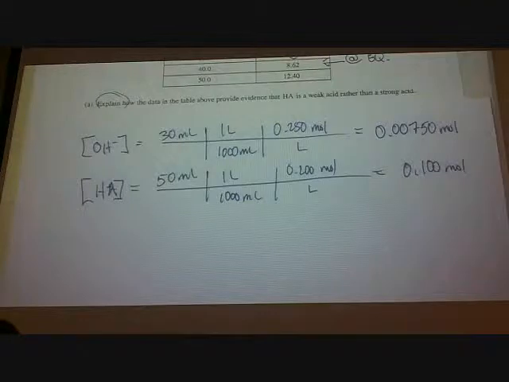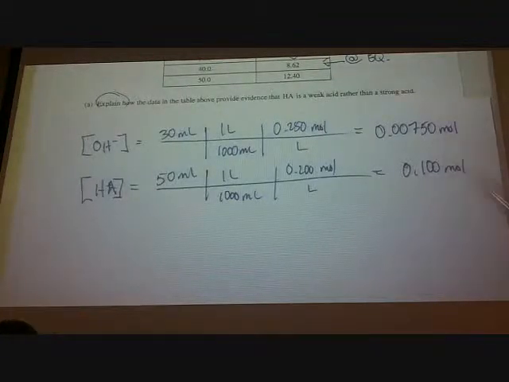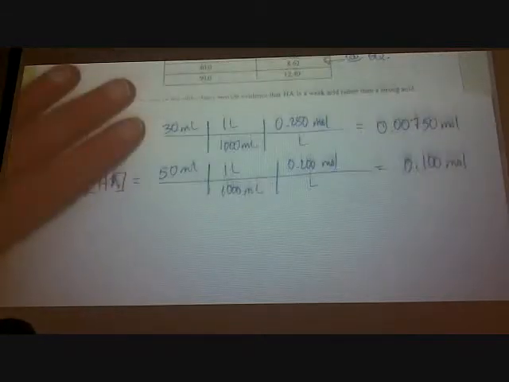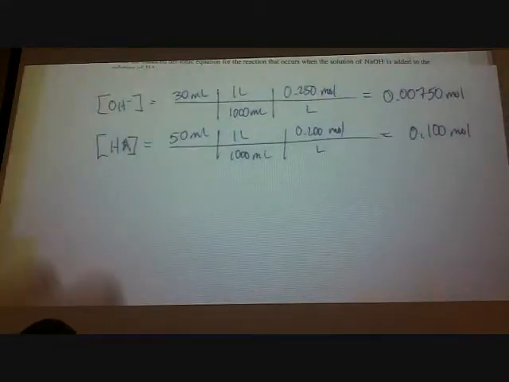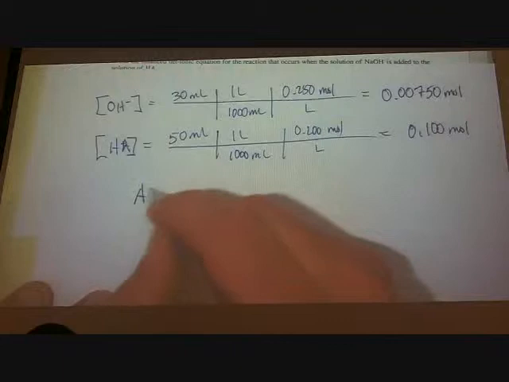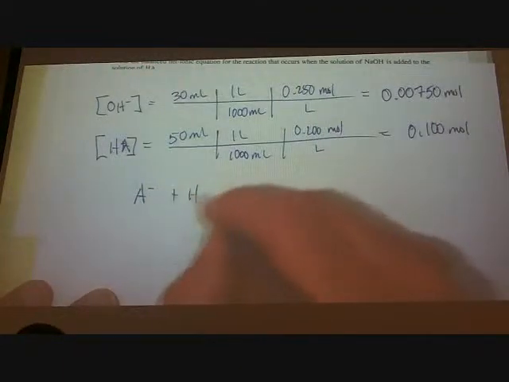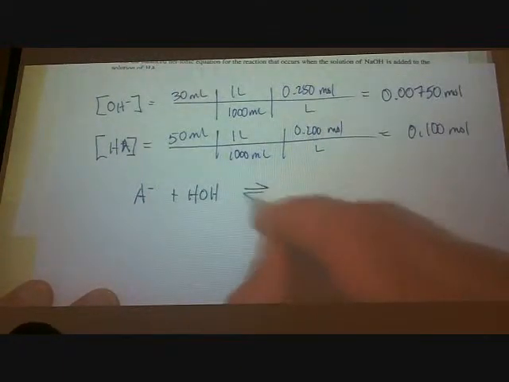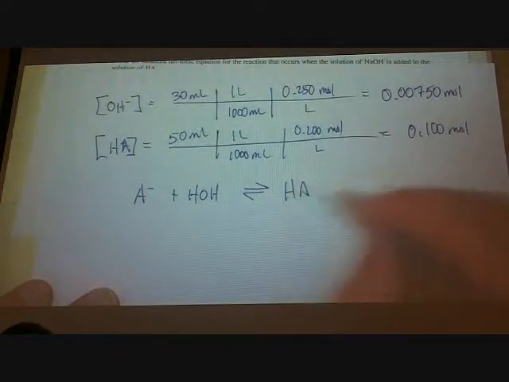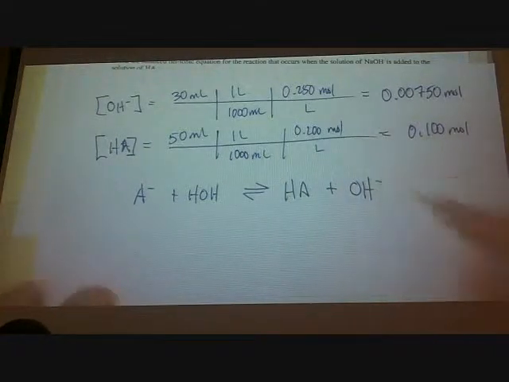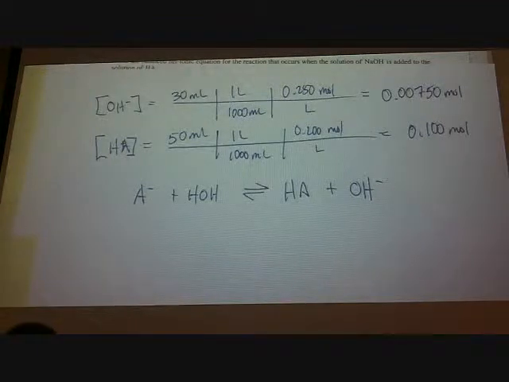There's two avenues you could take. I think what I did with my students is I made an ice chart here. So we have our anion plus the water. If you want to reverse it, that's fine. I just really like having the hydroxide or the hydrogen ions on the product side. That makes for a nice clean Ka or Kb expression.